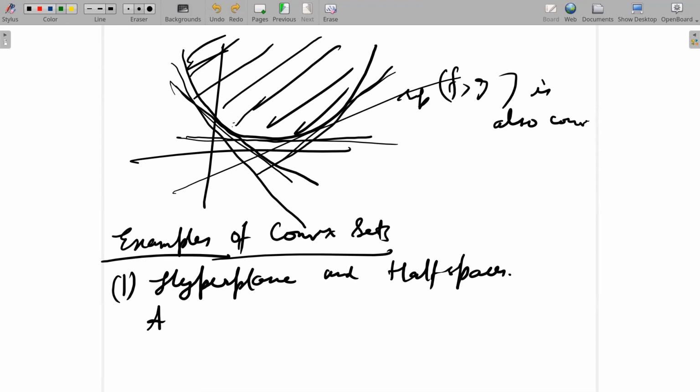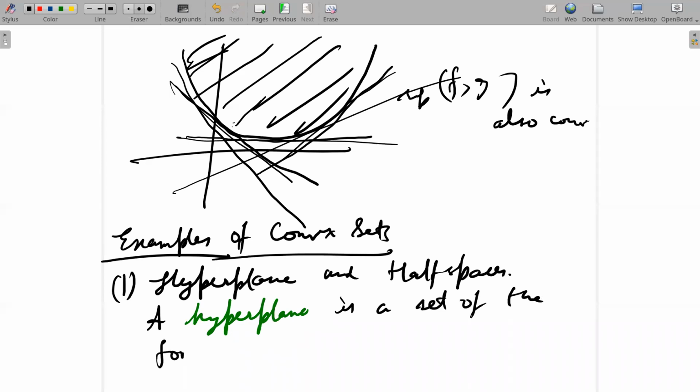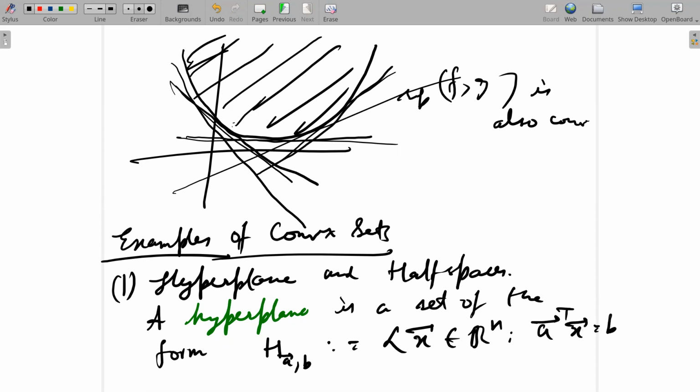A hyperplane is a set of the form which we will denote H_{A,B}. A is a vector, B is just a scalar. All those vectors x in R^n which satisfy one linear equation, A transpose x is equal to B, where A is non-zero.